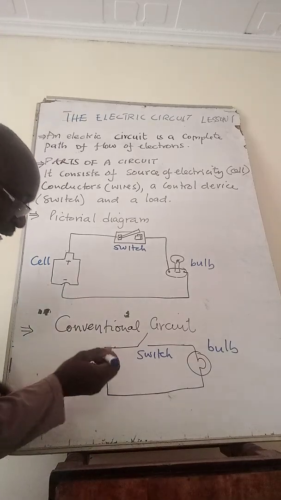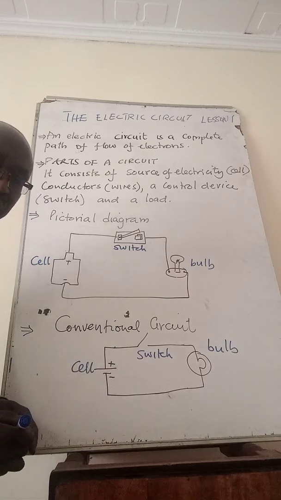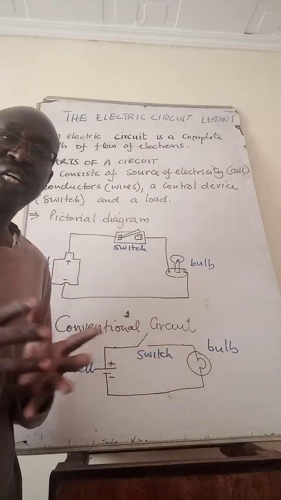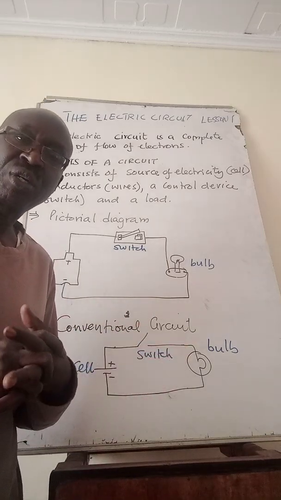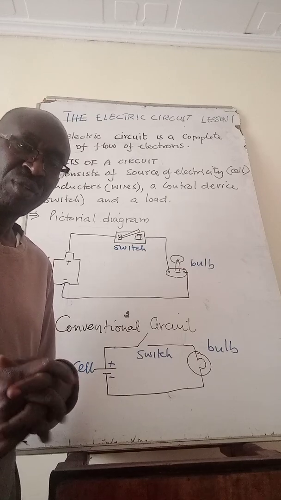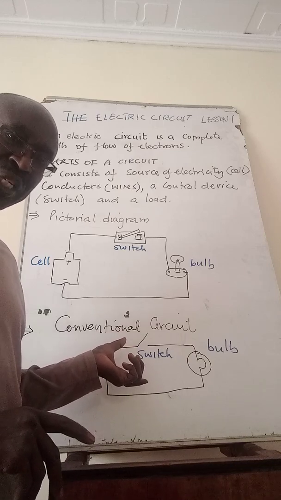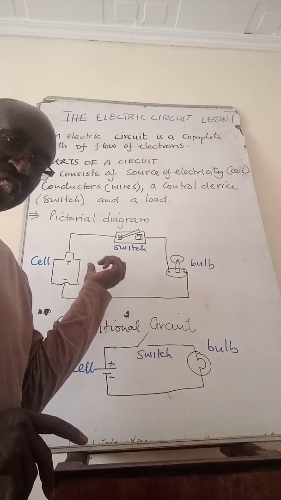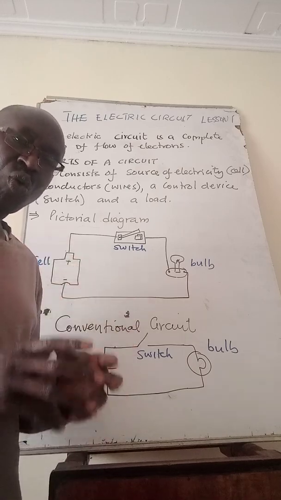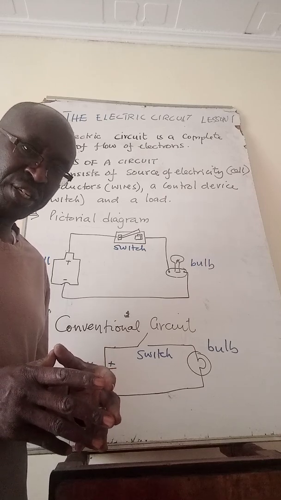The longer side is positive, and the shorter side is negative. So this is what you expect in the lesson, the electric circuit. This is the electric circuit which represents the pictorial circuit. We need to know which symbols are used for various devices.